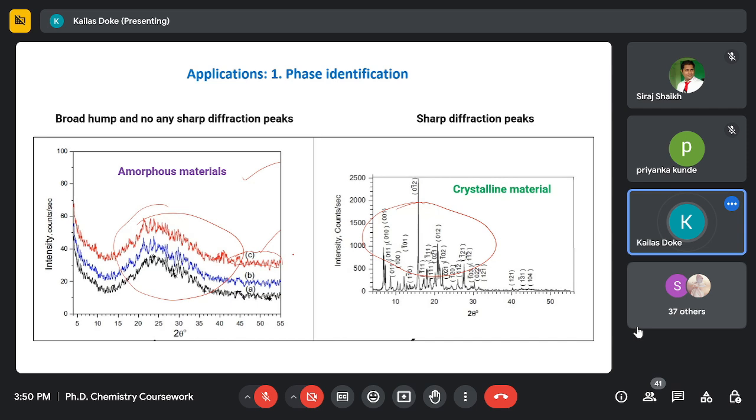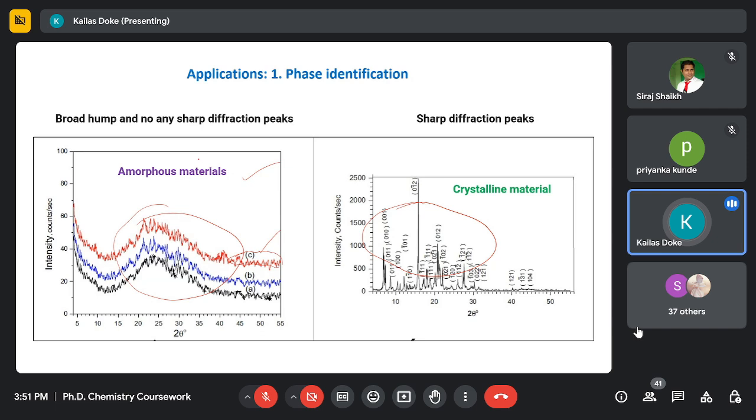If your material is crystalline and you are taking XRD with good, sophisticated, good quality XRD instruments, then the instrument maintains a signal to noise ratio greater than 2 to 3.